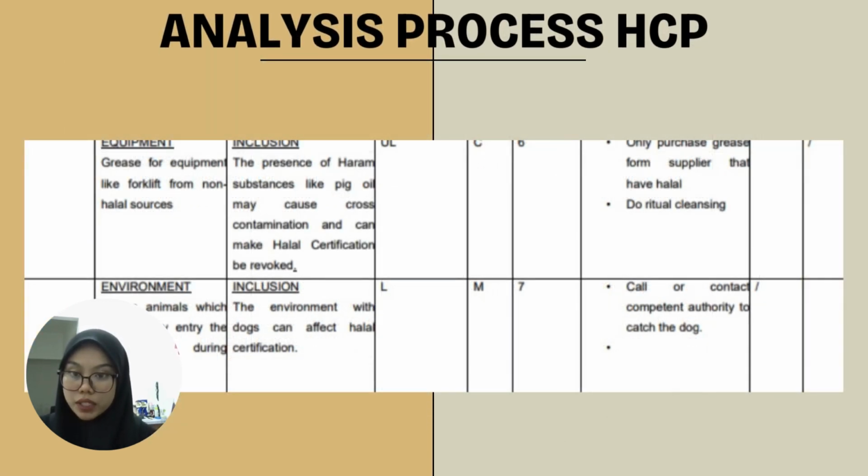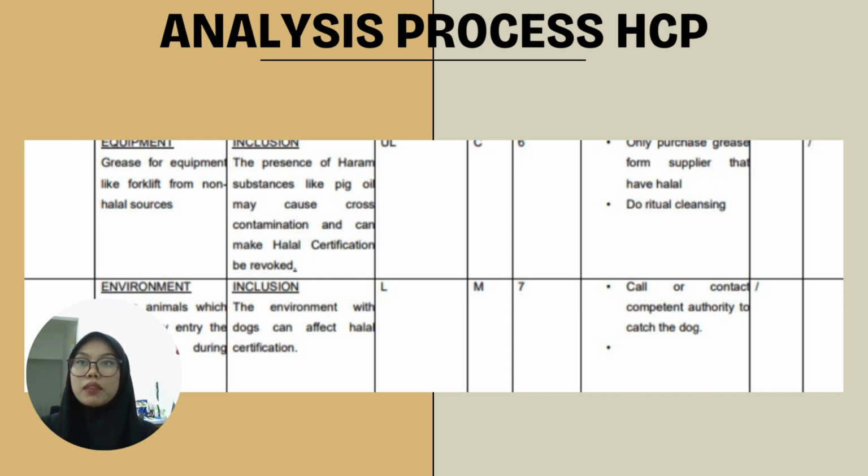Okay, the third one is equipment. Grease for equipment like forklifts might use grease from non-halal sources like pig. The implication for equipment is that the presence of haram substances like pig oil might cause contamination and can make the halal certification be revoked.